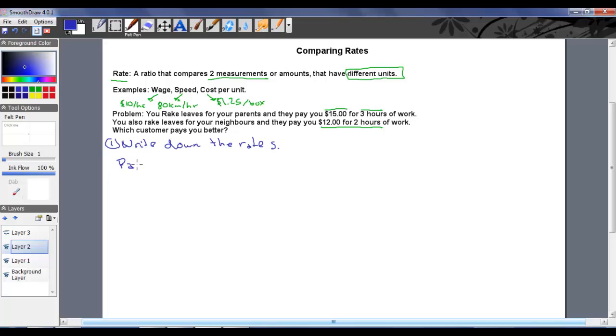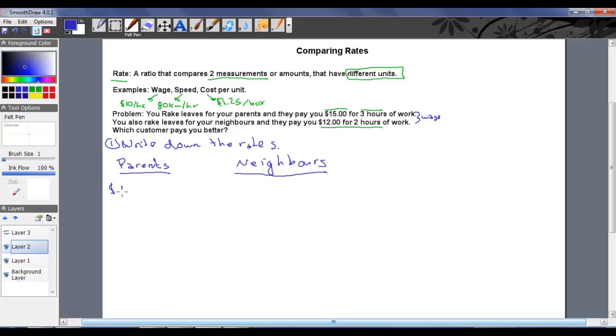So I'm going to write parents here and neighbors here. So we need to record our rates. This here is wage. That's what we're looking at, your wage.